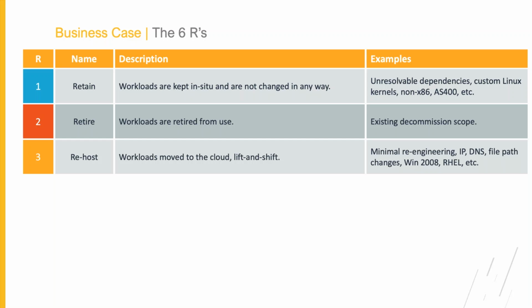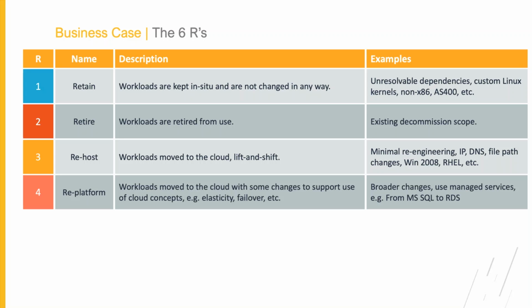So rehost. These are the ones where you're going to basically lift and shift your workloads. You're going to go like for like from on-premise to cloud. It's the quickest way to get to the cloud. Then replatforming. This is where your workloads move to the cloud with some changes. You may move from MS SQL on a VM to managed RDS.